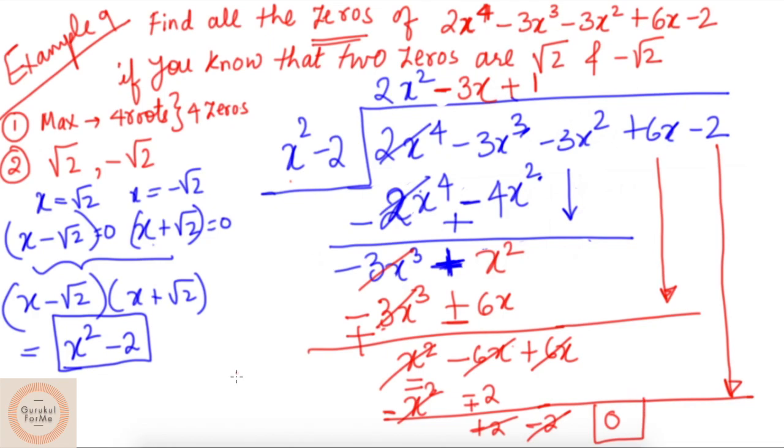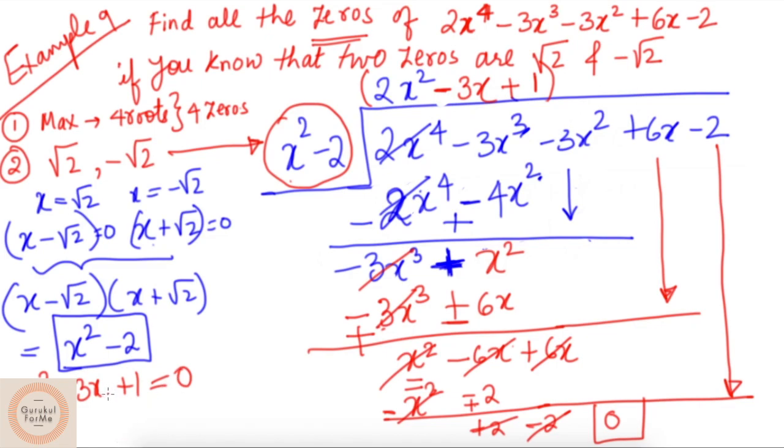So now they are asking you to find all the zeros of the equation. So okay, you know that 2 zeros come from this, right? So naturally the other zeros should come from 2x square minus 3x plus 1 is equal to 0. Should be another equation.